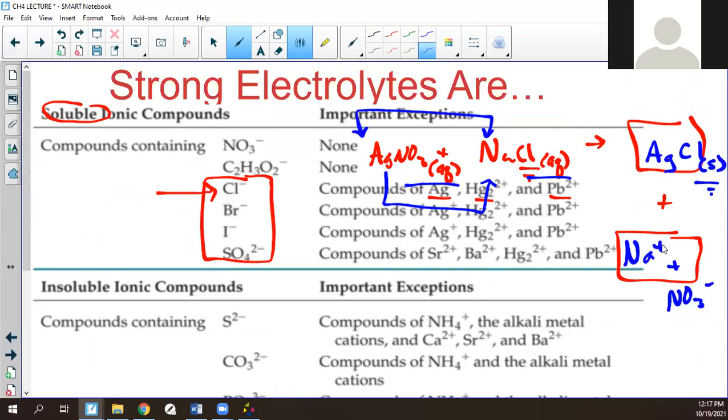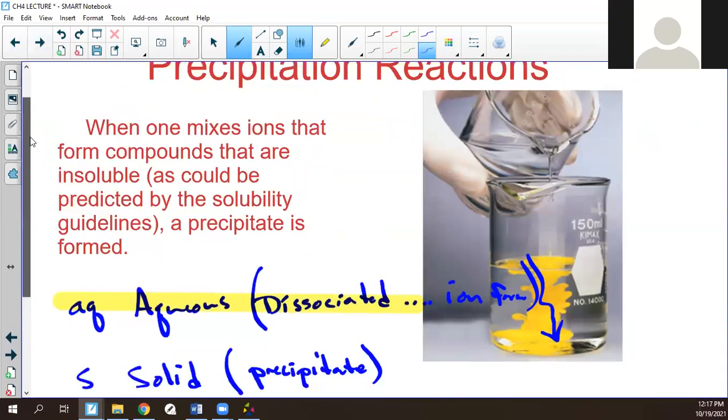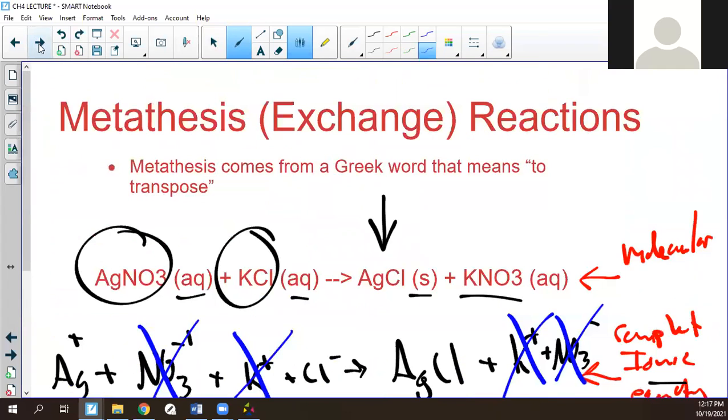And if it has a plus and a minus, that means it's in the ionic form. You can put AQ if you feel like it as well. We're going to get rid of this way of writing it pretty soon anyway. So precipitate reactions, the state that the products and reactants are in. Let's dive in here.